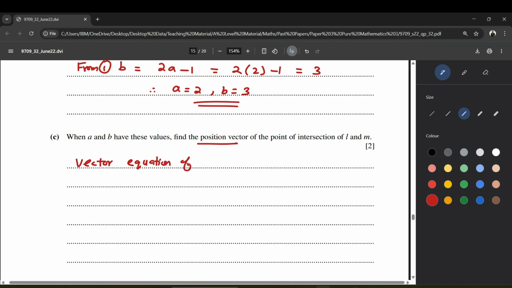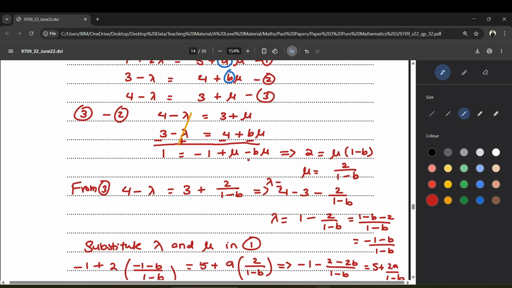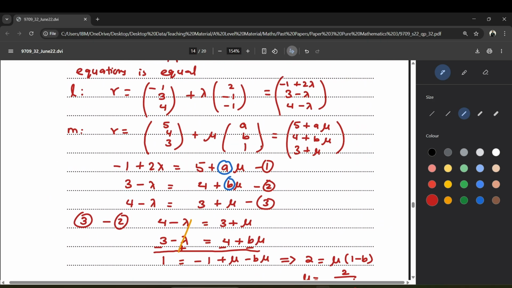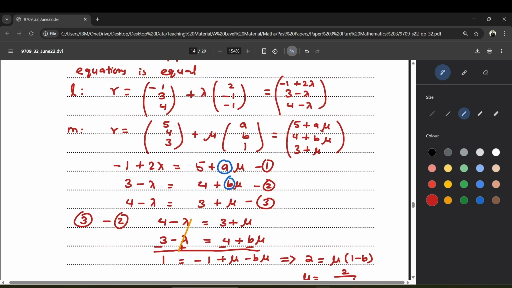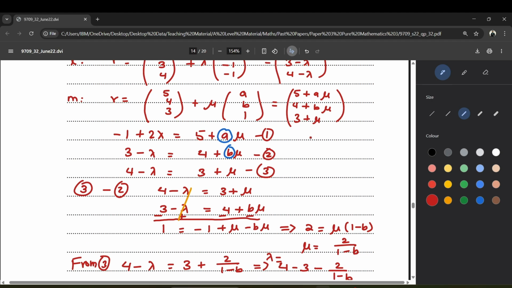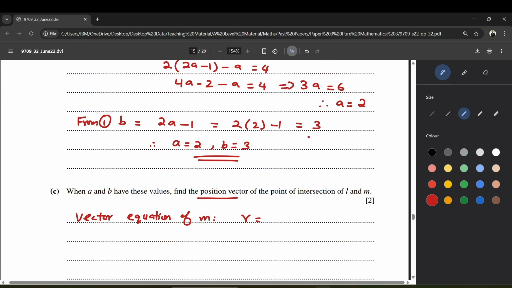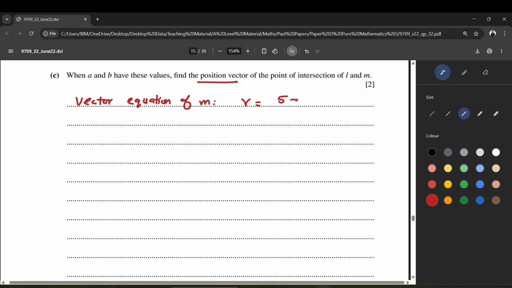Let's say I'm using M, the vector equation was 5 plus a mu, 4 plus b mu, and 3 plus mu.